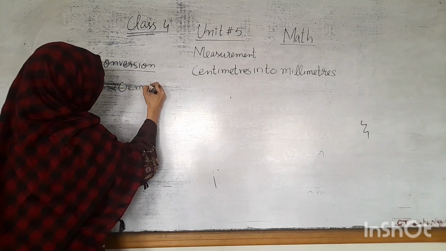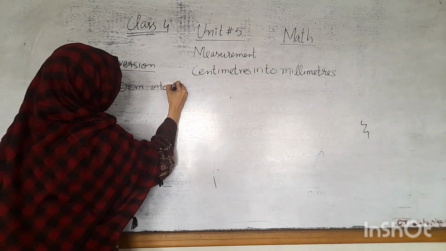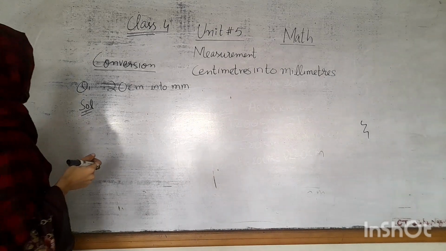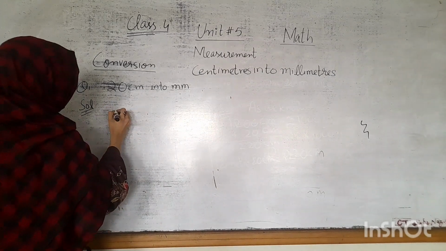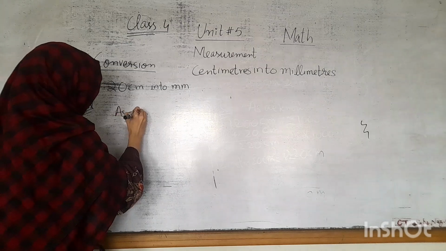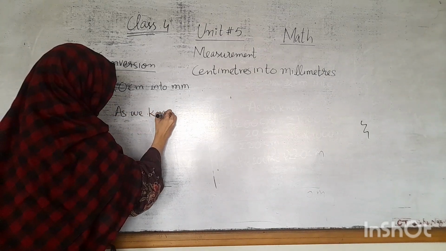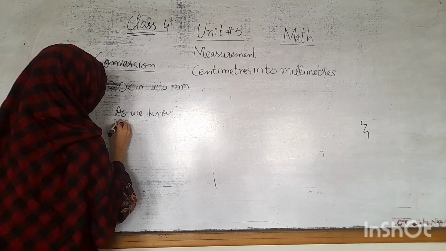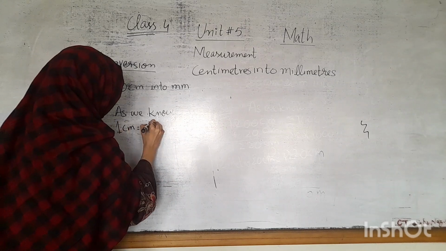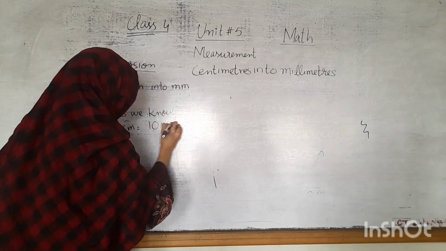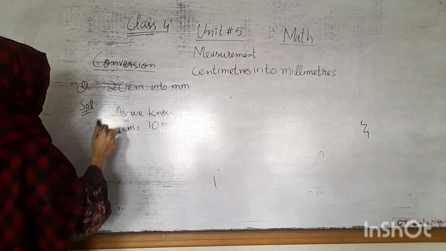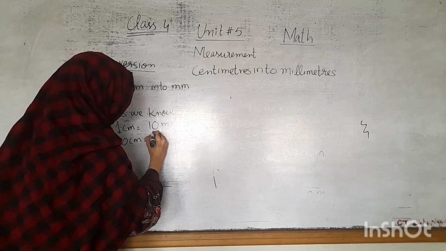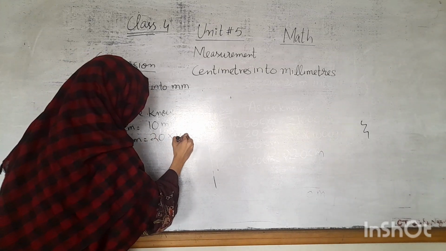Similarly, from the previous method, as we know, one centimeter is equal to 10 millimeter. So if we convert 20 centimeter into millimeter, we simply multiply 20 with 10.